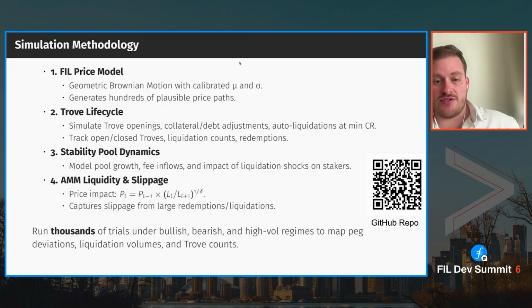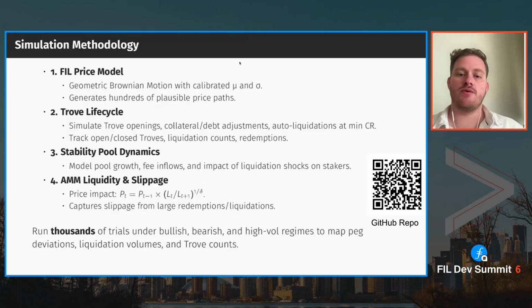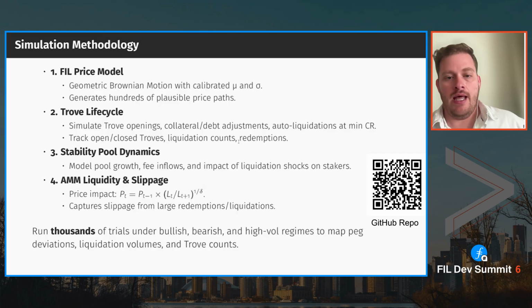Another component of our simulation environment is a Trove lifecycle model. Basically, we model how troves, or vaults, arrive to the network, like how often people create these vaults, their size, etc. We have a model for the stability pool dynamics, so basically how often redemptions occur, under which conditions, and these sorts of things. And lastly, we have a model for the on-chain liquidity and for the price of the USDFC.